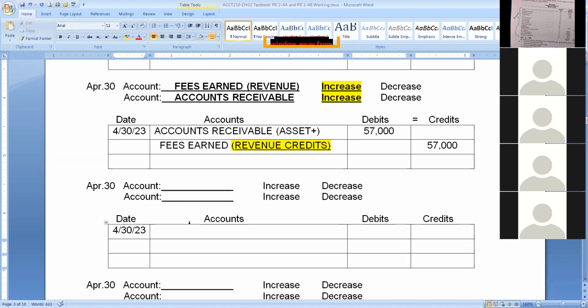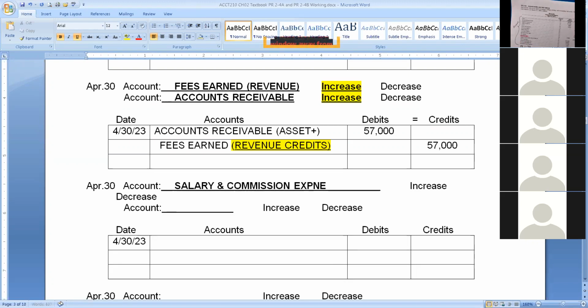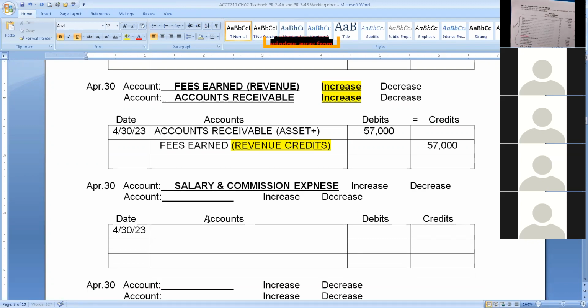The second, April 30th, paid salaries and commissions for the month, 11,900. Salary and commission expense. Okay, it says we paid them.